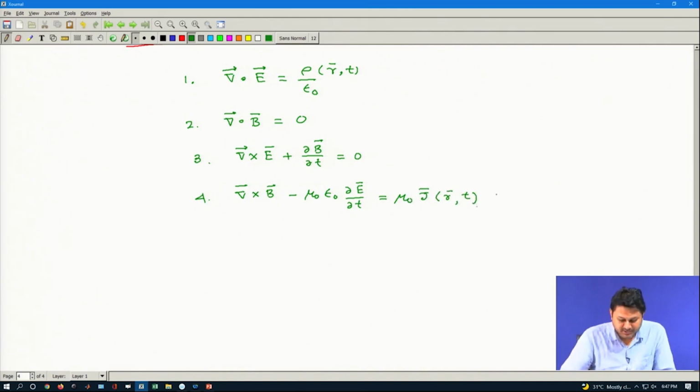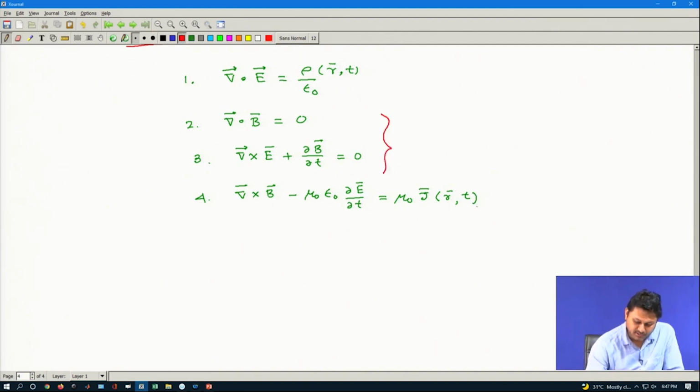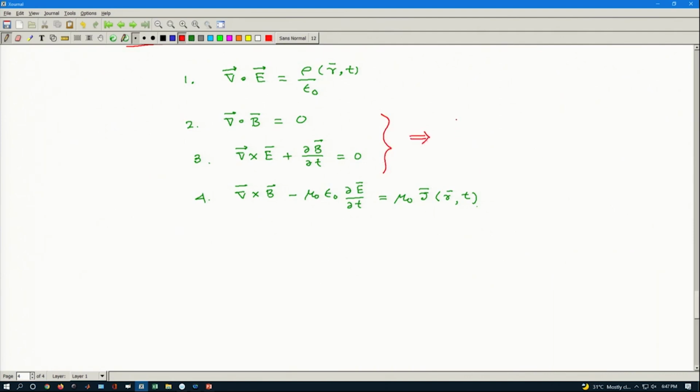Among these 4 equations, 2 were homogeneous, and from them we find the relationship E equals minus grad phi minus del A del t.